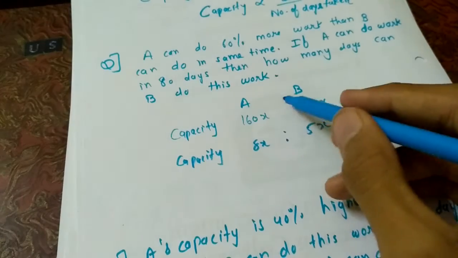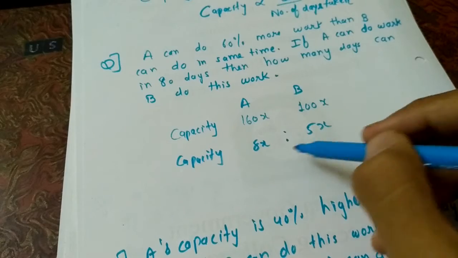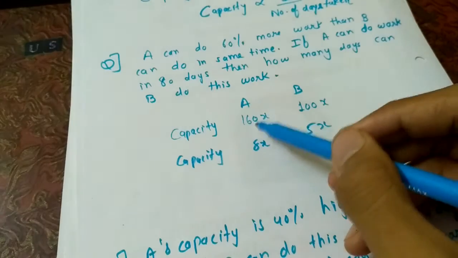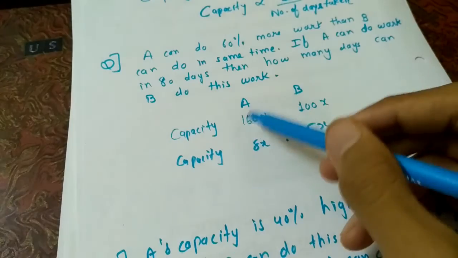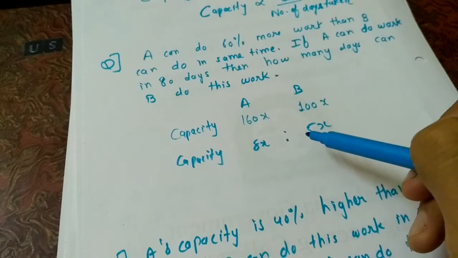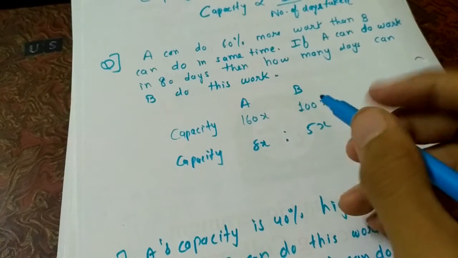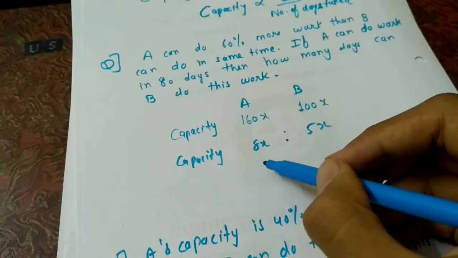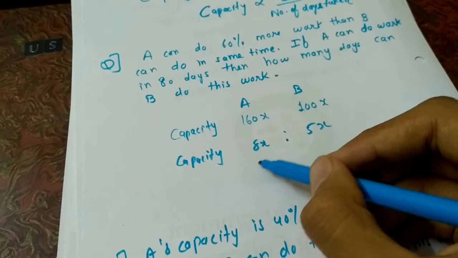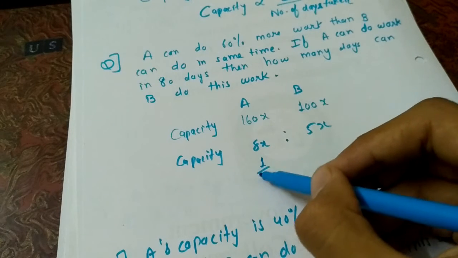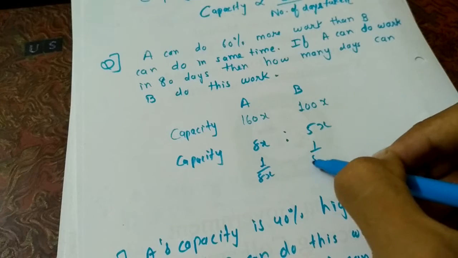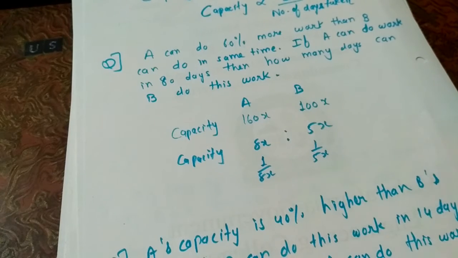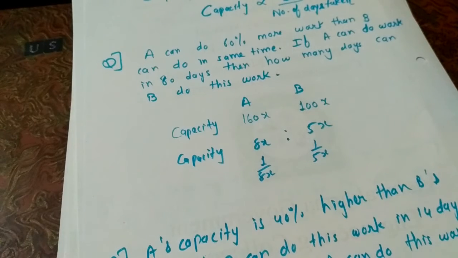Note that this is in proportion, because if we cut by 20, then we will get this 8x is to 5x. So the number of days taken will be what? They are inversely proportional, so we can say 1 by 8x and 1 by 5x. Clear? So number of days taken will be 1 by 8x and 1 by 5x, obviously.